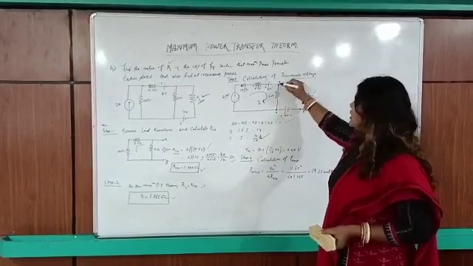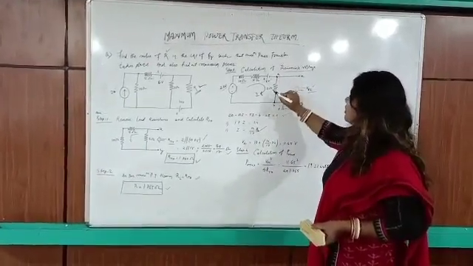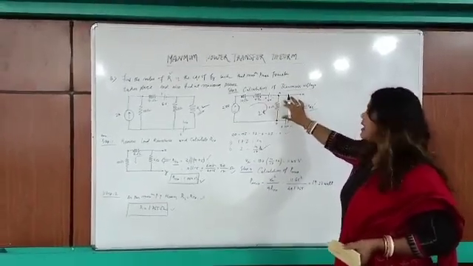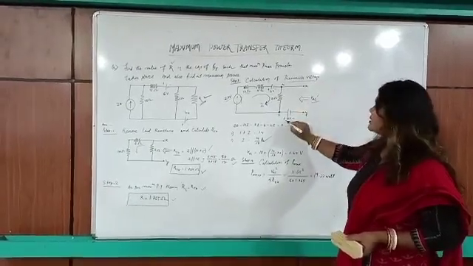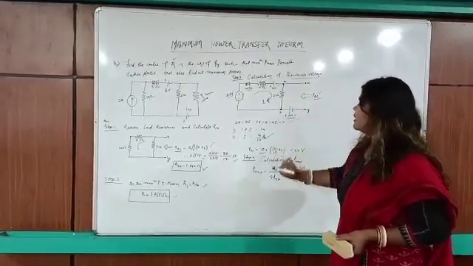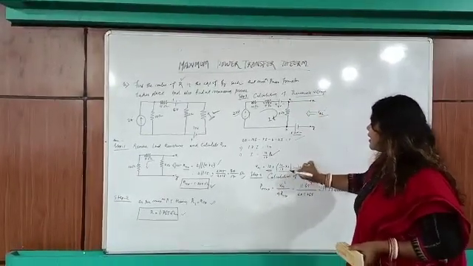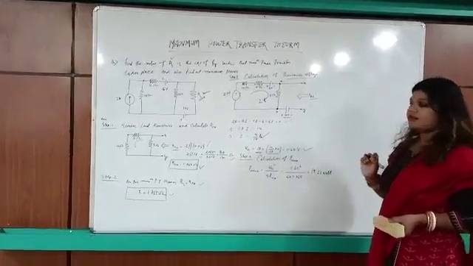For calculating the voltage across AB, we multiply the current with the resistance. For the voltage across XY, we add the 10 volt to the voltage across AB, and we get 11.65 volt.